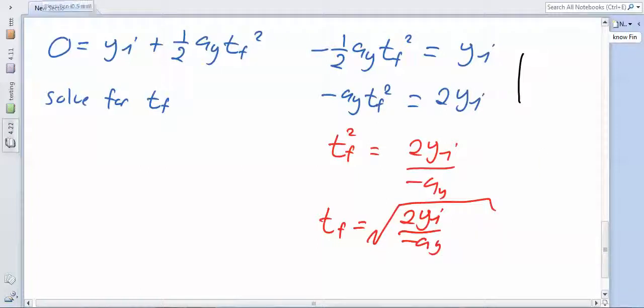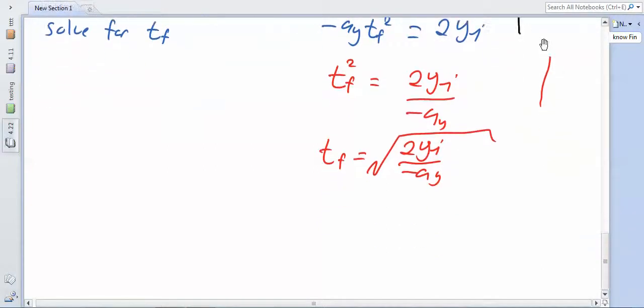And it looks like that number inside the radical might be negative, but it's actually not, because we remember that the acceleration in the y direction is negative in the coordinate system that we picked.